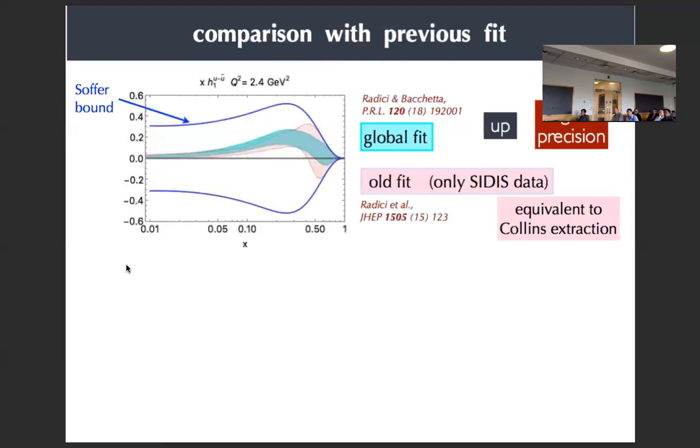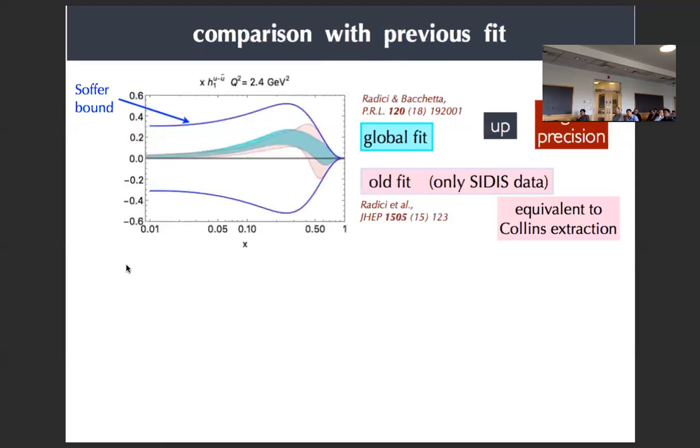So if you look at this plot, you can appreciate the impact of including STAR data on proton-proton collisions, which brings much more precise results for the up quark. Incidentally, this pink band also almost entirely overlaps with the result of the extraction of transversity using the Collins effect.